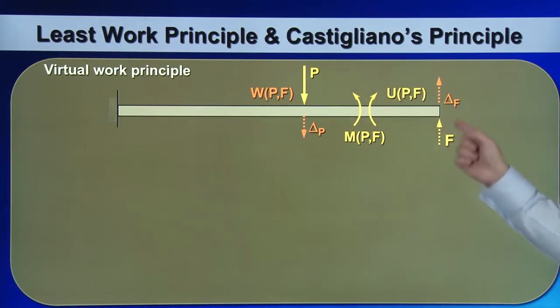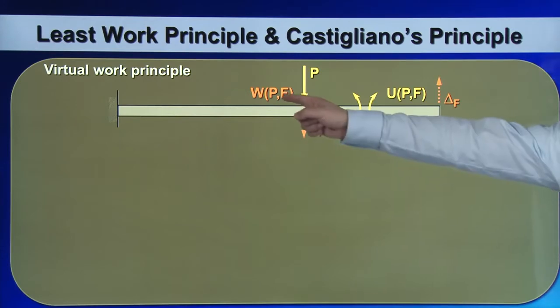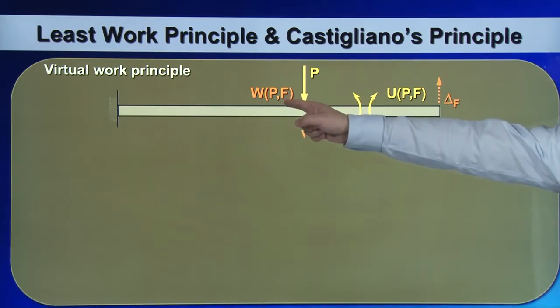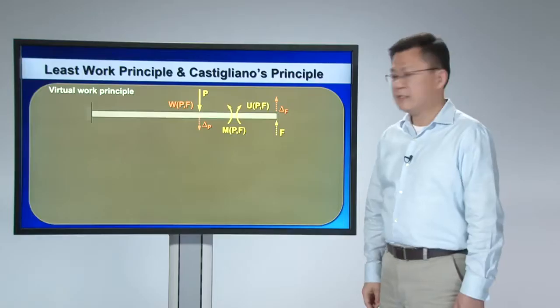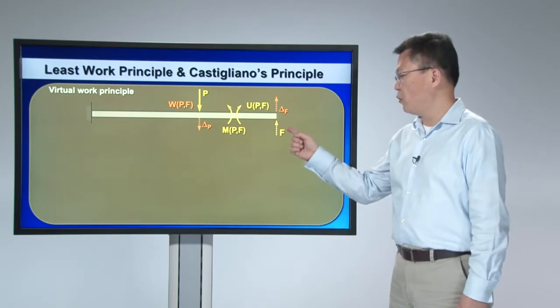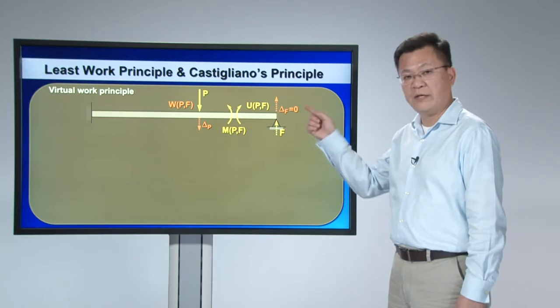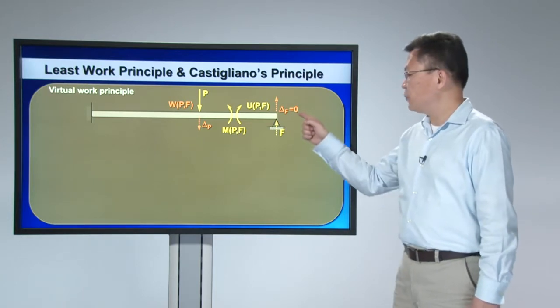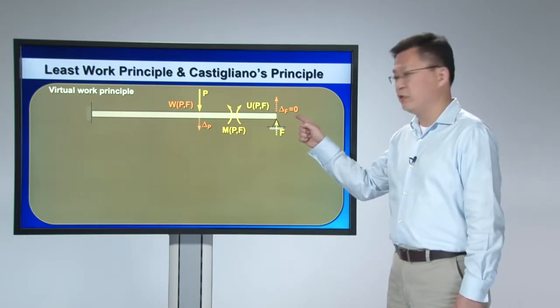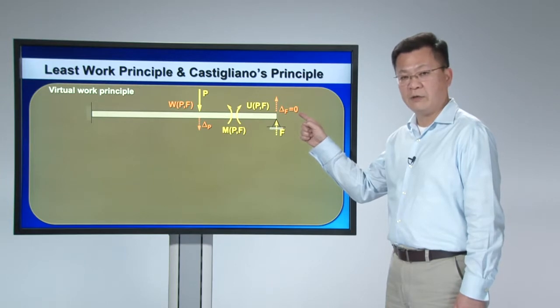As these two forces are external forces, they will do work. So the work will be a function of P and F. Next, if I introduce a support at F, constraining that point from moving vertically, then the displacement along the F direction will be equal to 0.